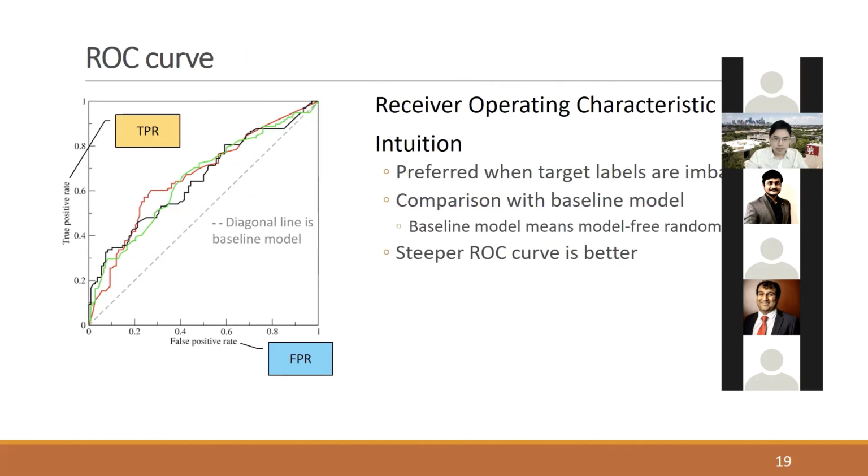Let me go to the ROC curve and quickly talk about that. ROC, it's a long name. You don't have to remember it immediately, but the intuition is more important. The chart, don't try to read the chart if you don't know what's going on here. I have been confused 1,000 times before I understood how it works.